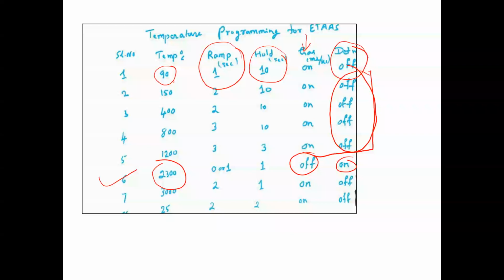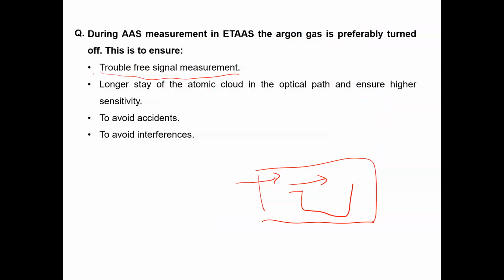Why? Because there are two logics, right? If argon is flowing here, and the metals are vaporizing by thermal heating, there is a chance that metal particles go away with this argon stream, right?